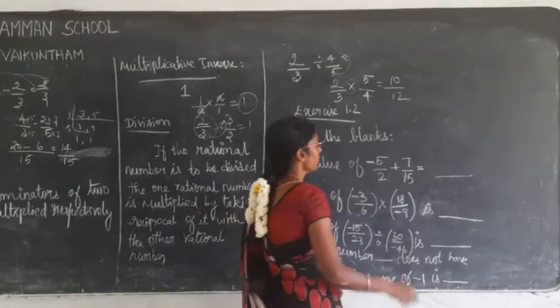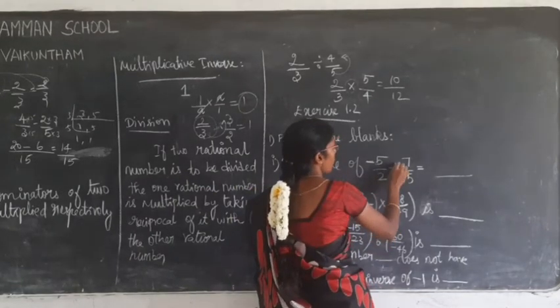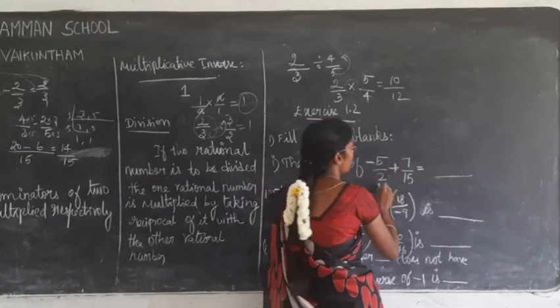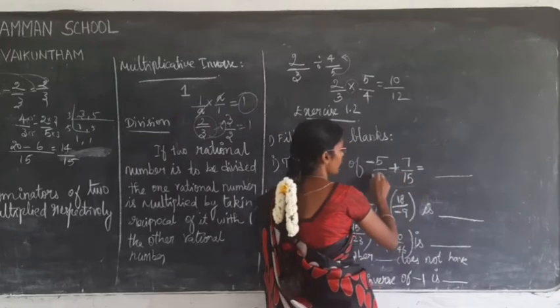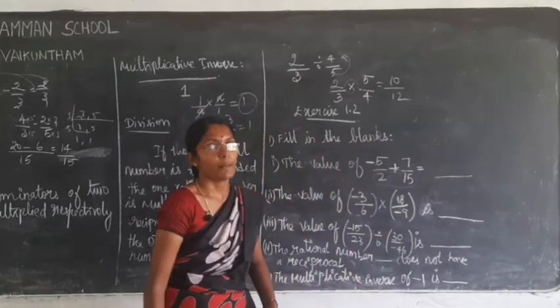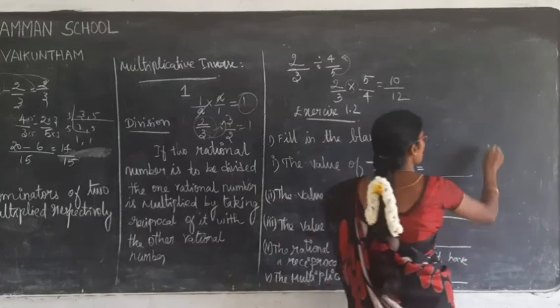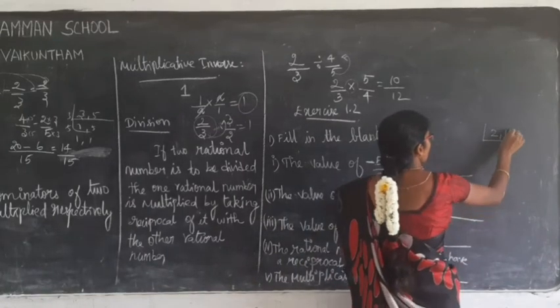So you can find it, see here. Addition. You have to first check the denominator, and the denominators differ, so you take the LCM.